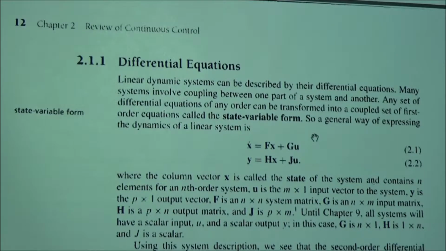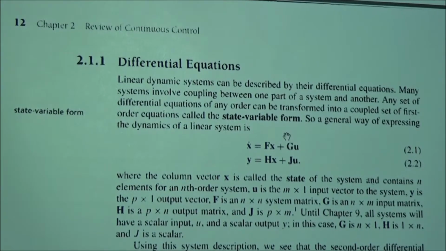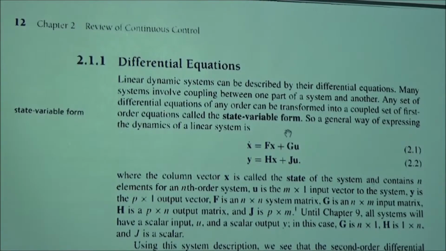Instead of a differential equation, you have a set of first order equations. Let's say you have an nth order differential equation representing a linear time invariant system. You could represent that system by n first order linear differential equations.